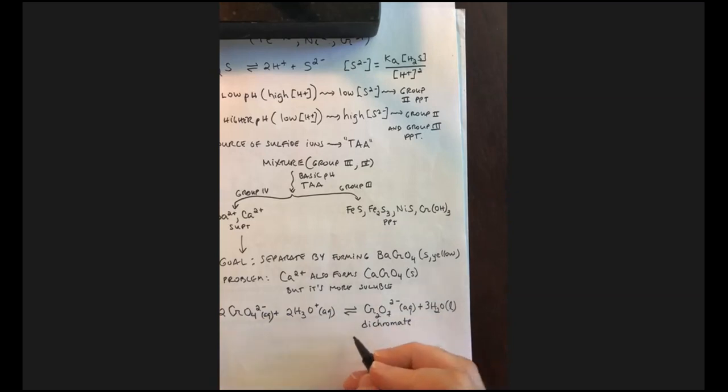And this equilibrium has a very high equilibrium constant. In other words, it is very likely that in an acidic environment, you are going to go this way. You're going to take the chromate away from the solution.